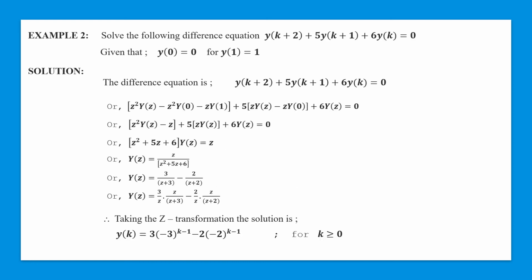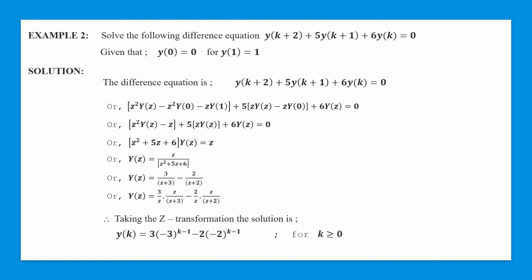Okay, now we are moving to another example. The question is: solve the following difference equation y(k+2) + 5 y(k+1) + 6 y(k) = 0, and the given data is y0 is equal to 0 and y1 is equal to 1.